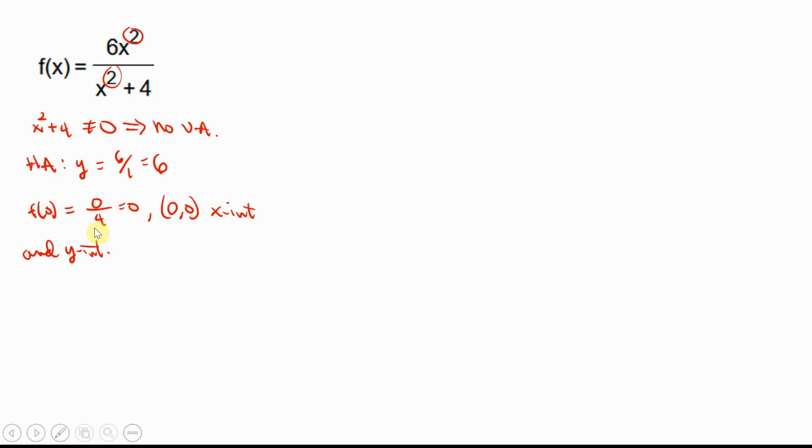Is it symmetric? We gotta find out. I'm sorry with this color. My bad. We need something that's gonna show up. So notice that you plug in negative x, but you're gonna go back and square it, so you get the original function. So this is symmetric with respect to the y-axis.